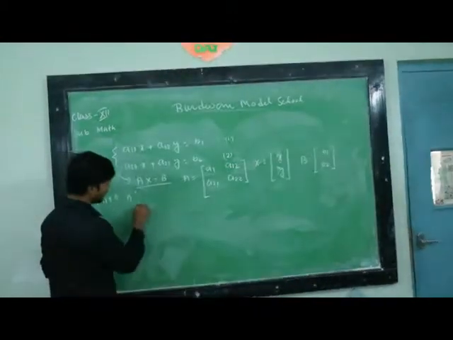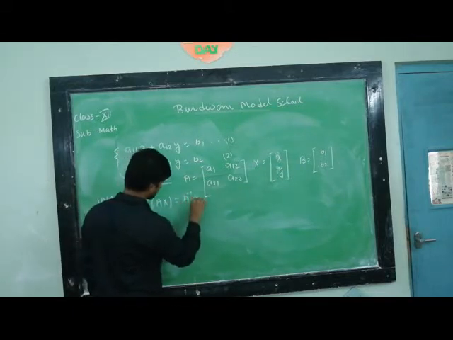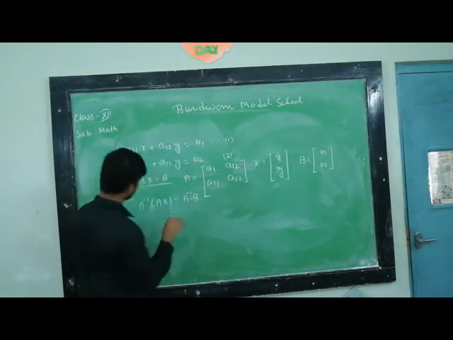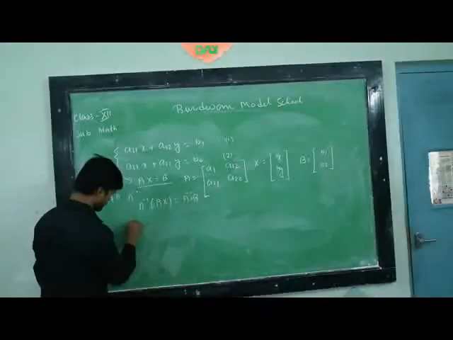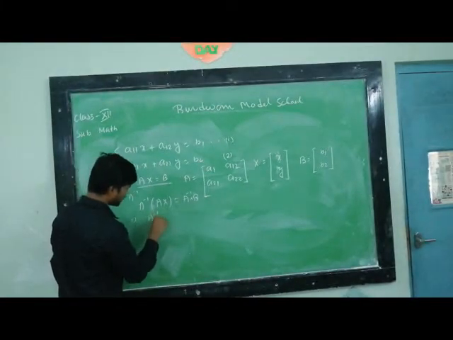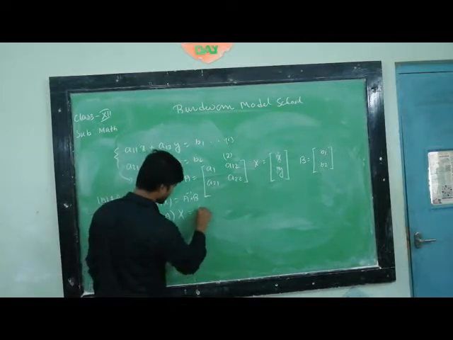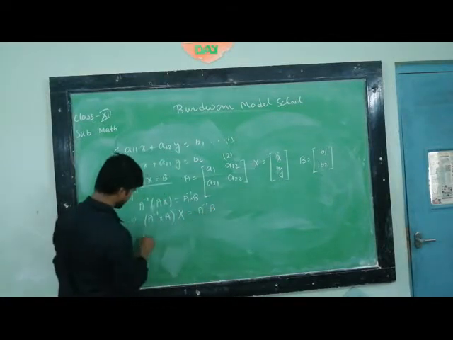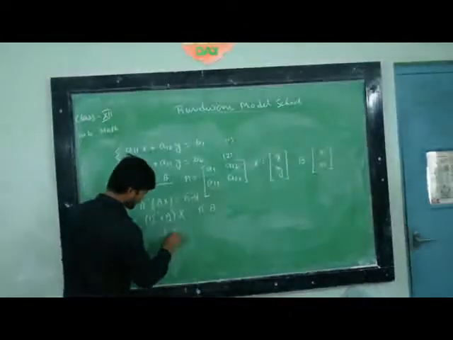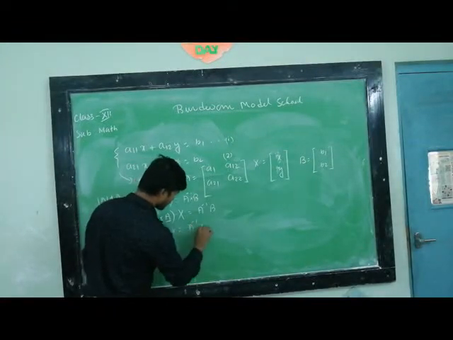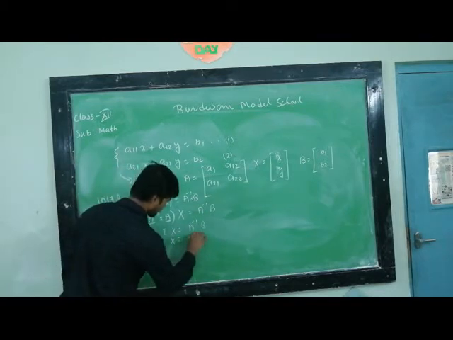See what's happening: A inverse into AX is equal to A inverse into B. And we know that A inverse A is equal to I, so I into X is equal to A inverse B. That means X = A inverse B.